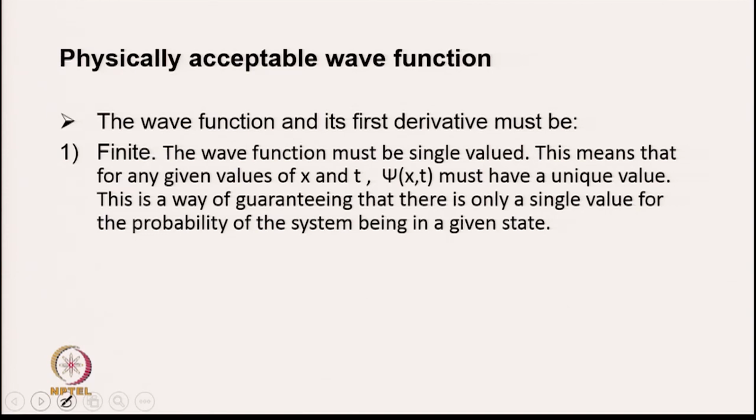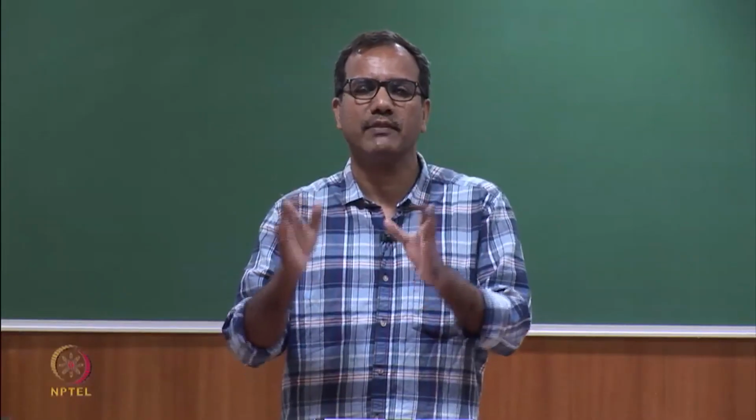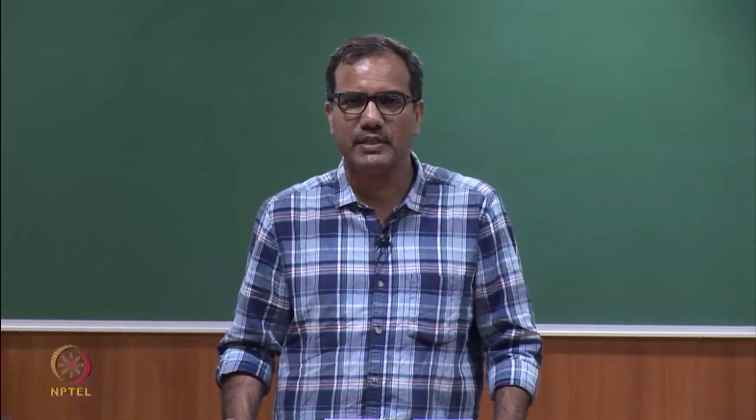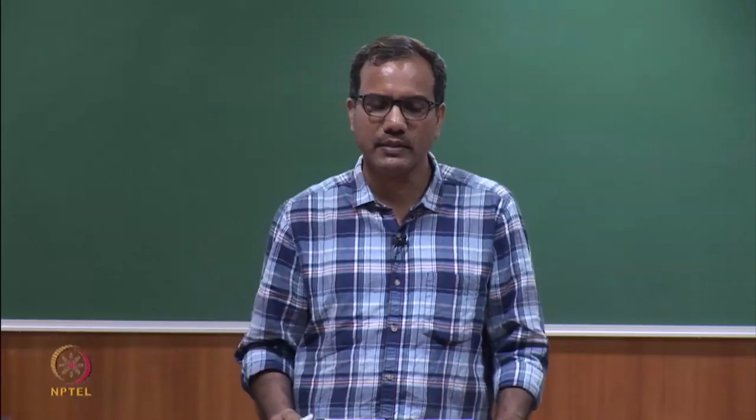It means for any given value of x and t, the wave function must have a unique value. And why this condition? Because this is a way of guaranteeing that there is only a single value of probability of the system being in a given state, and that is quite logical.